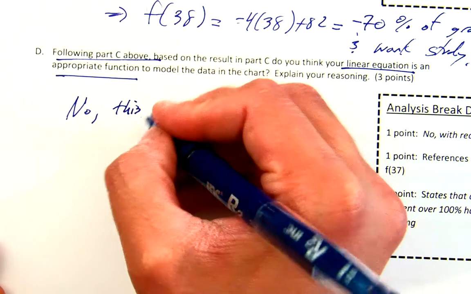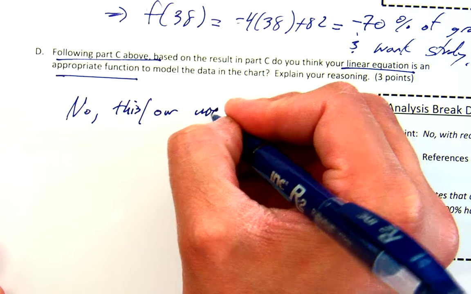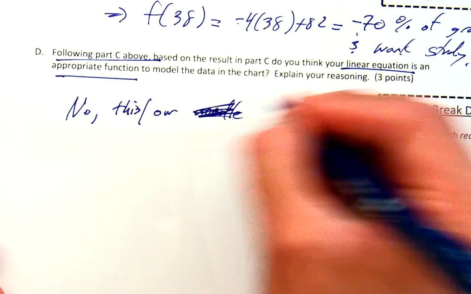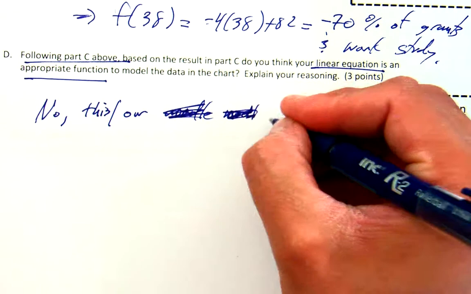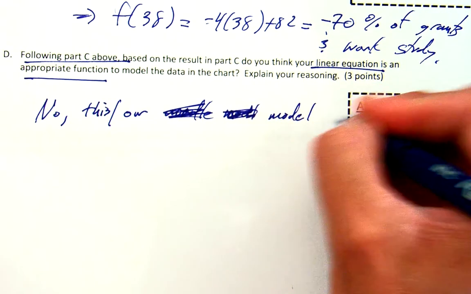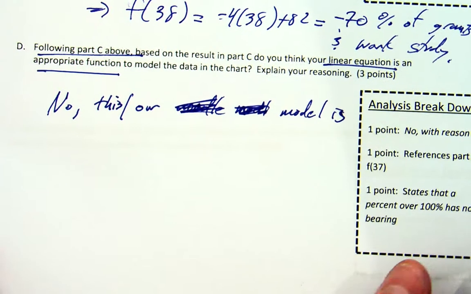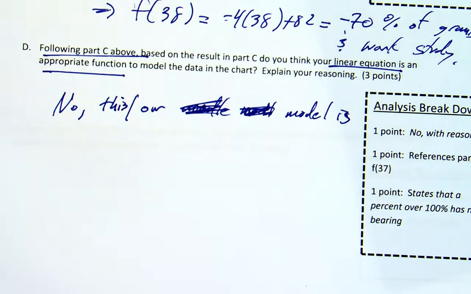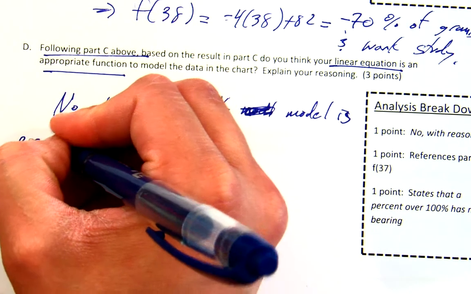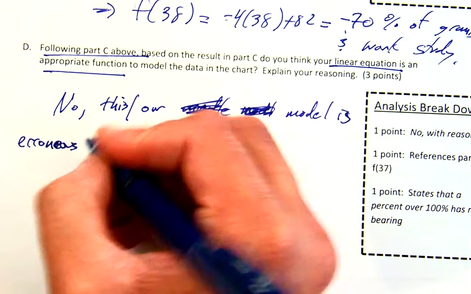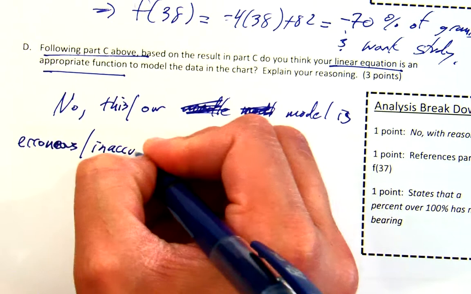We should say this, or our model is what? Our model is what? Erroneous, is good. What else? Inaccurate, or what? That's good. I'm going to write that down. Erroneous. Inaccurate.